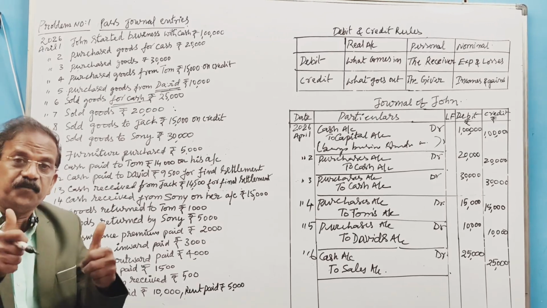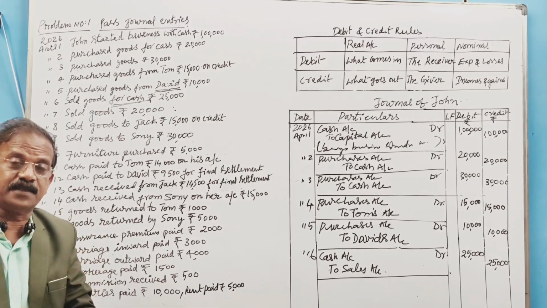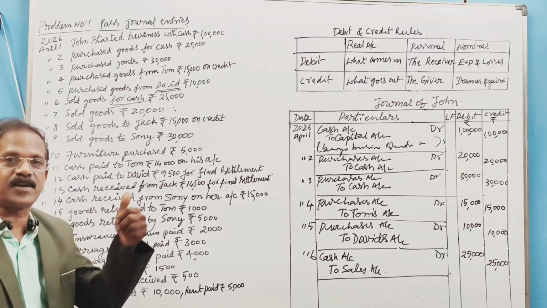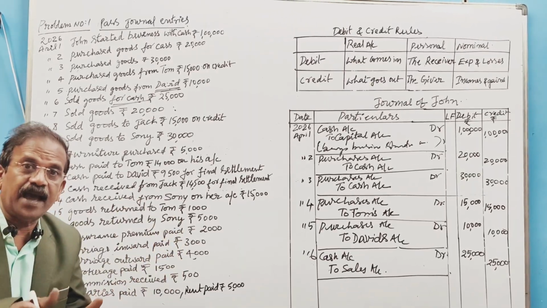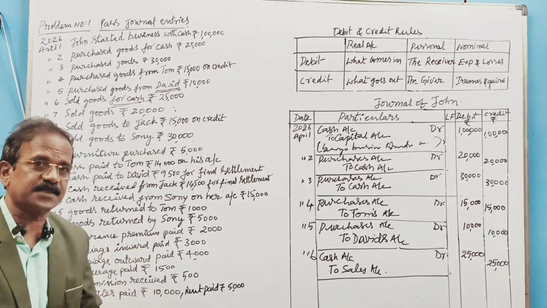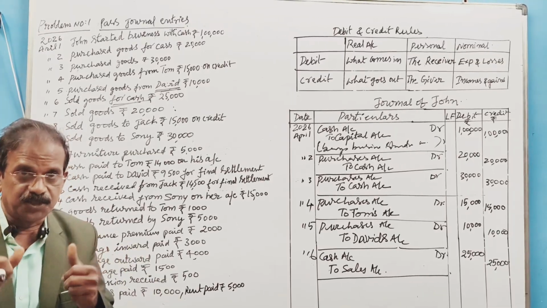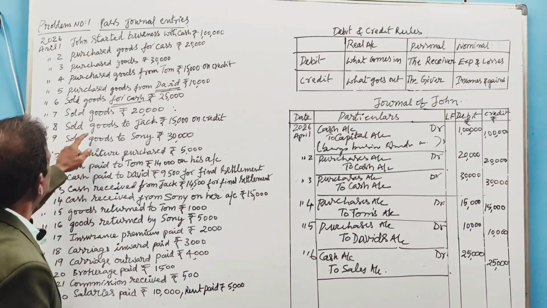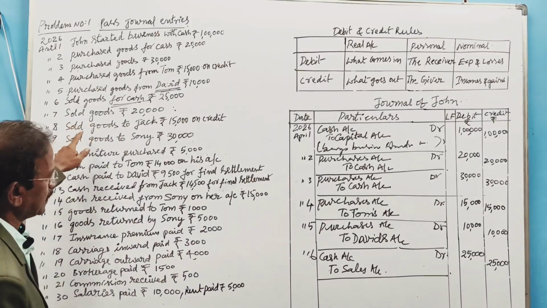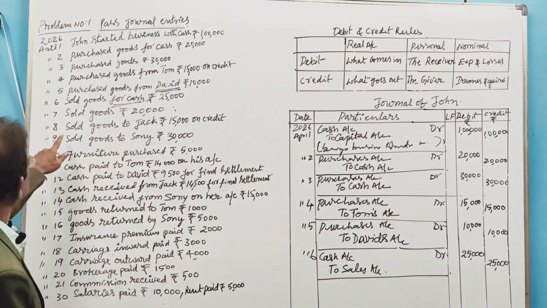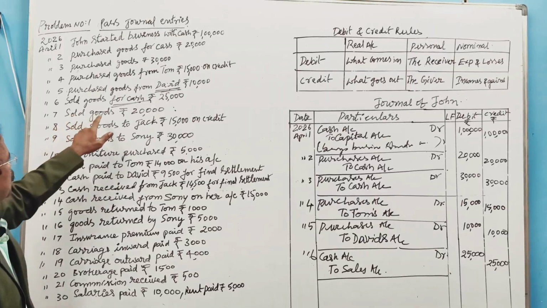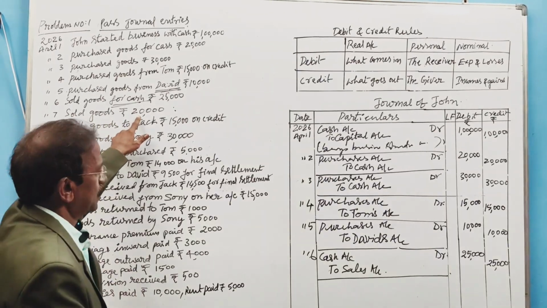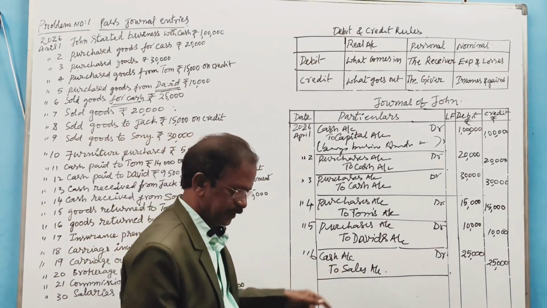Why? If it is on credit basis, then the name should have been given in the transaction. Since the name hasn't been given, we should assume that it is on cash basis. That's why we have to write cash. See here, sold goods 20,000. We are receiving cash, we are giving goods. That's why I have written sales.